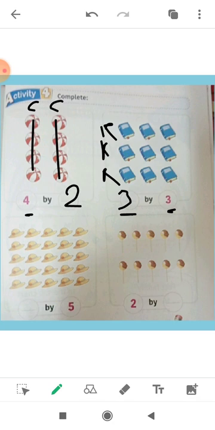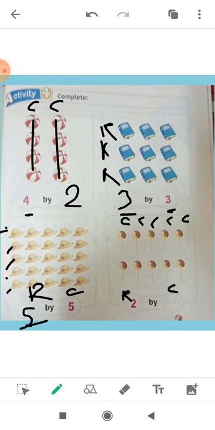Again, here is the column and this is the row. He needs the rows: 1, 2, 3, 4, 5. How many rows? 5 by 5. Again, he gives me the rows and needs the columns. How many columns? 1, 2, 3, 4, 5. So 2 by 5. This array is called 2 by 5.